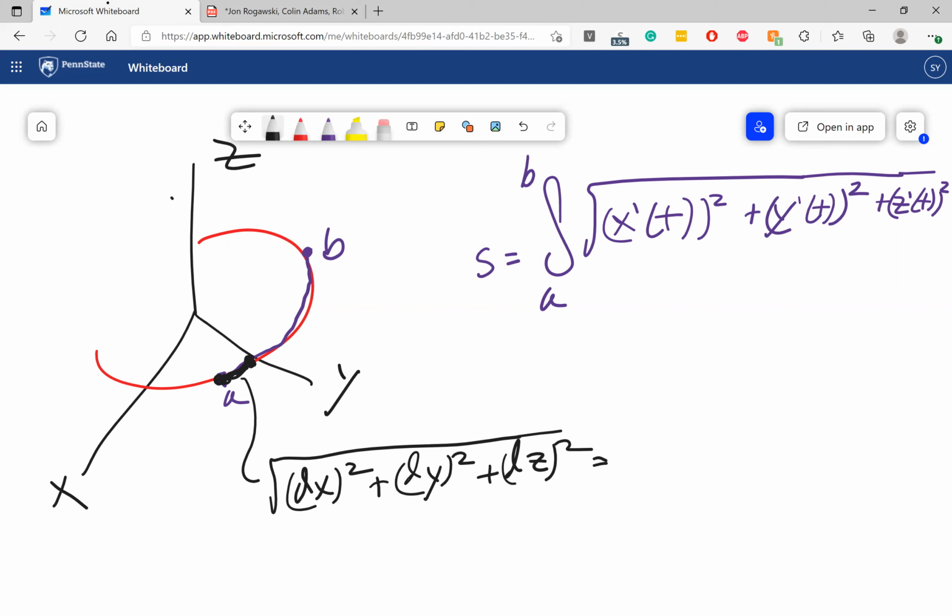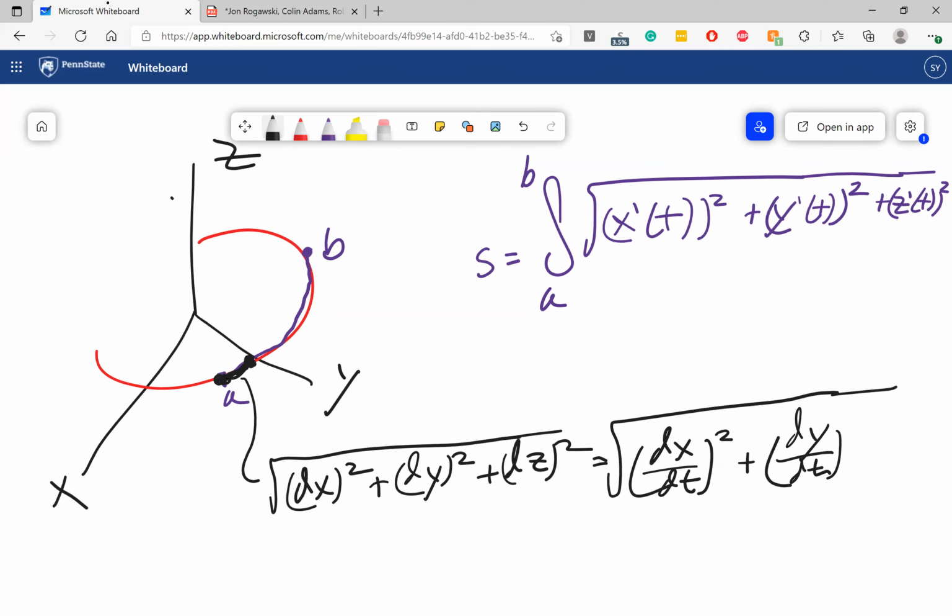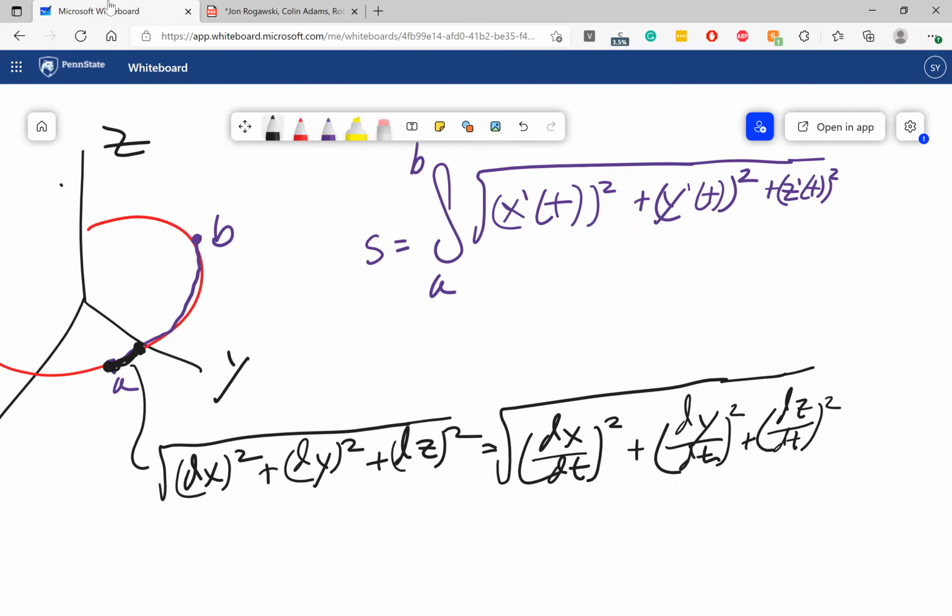You can then rewrite this in terms of the square root of dx over dt squared plus dy over dt squared plus dz over dt squared, and then just have a dt outside. If I took this dt and put it into the square root, I square it, and then it cancels all the dt's on the bottom. So these are the same.